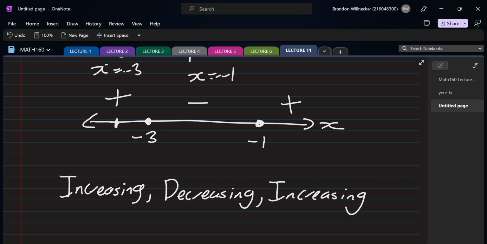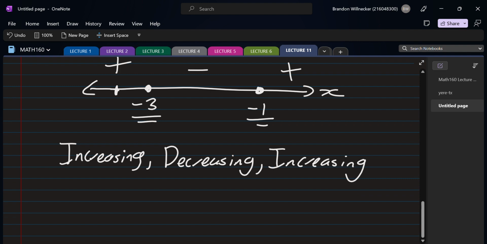So that is the pattern of this function. So it's going to increase to -3, so -3 is going to be a maximum there. Then it decreases to -1, so there will be a minimum there. And then from -1 onwards, it increases again. Okay, so what are these turning points? We know the x values, there and there. What are the y values?